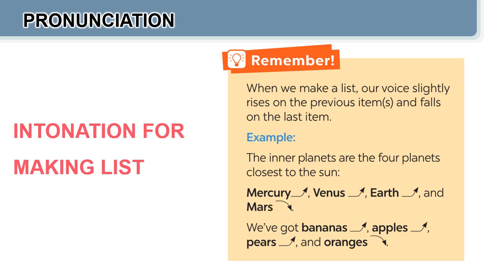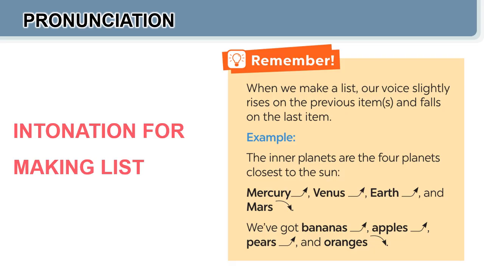Now let's move to pronunciation part. In this part, you will learn about intonation for making list. When we make a list, our voice slightly rises on the previous items and falls on the last item. Let's look at an example. The inner planets are the four planets closest to the Sun: Mercury, Venus, Earth, and Mars.